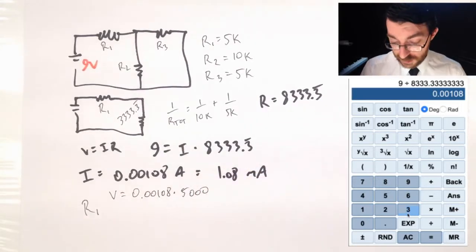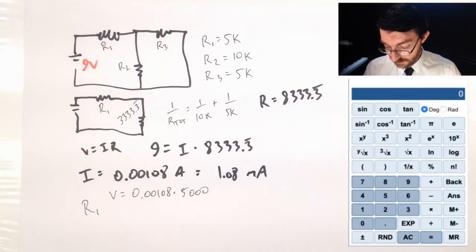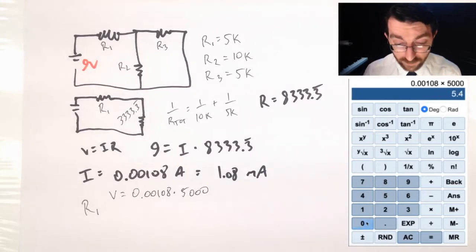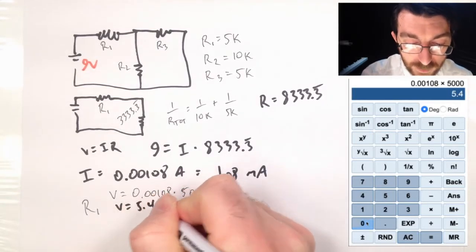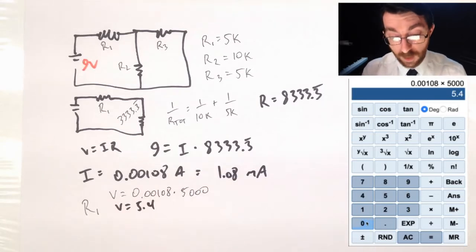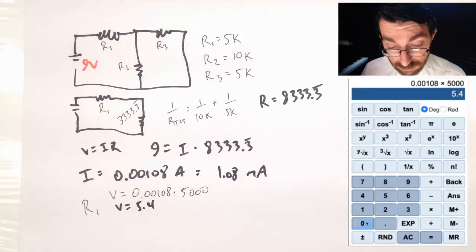And so the voltage across resistor 1 is 5.4. Okay, so I've got a current and a voltage.